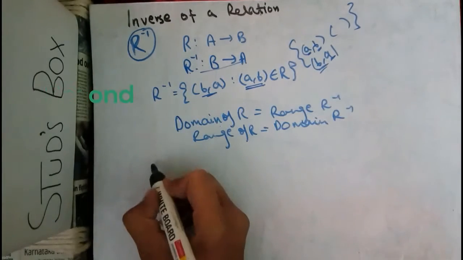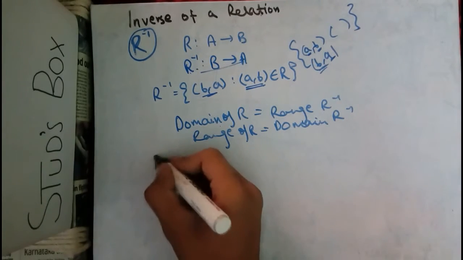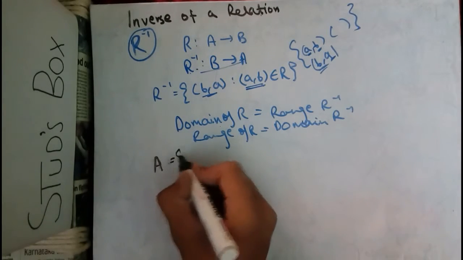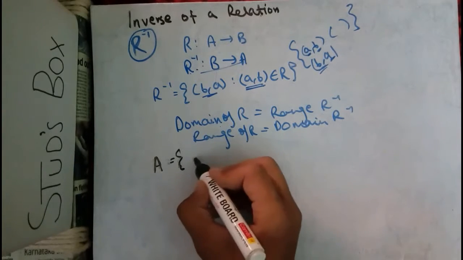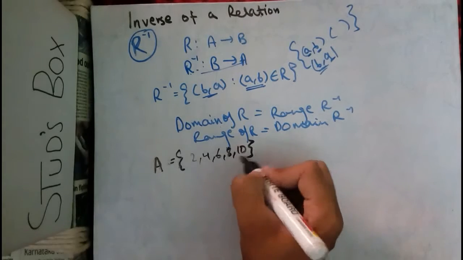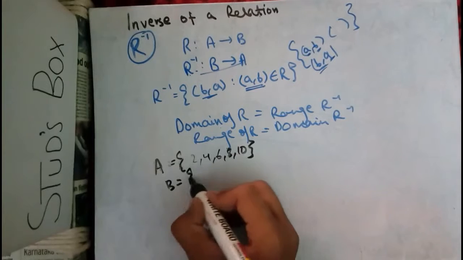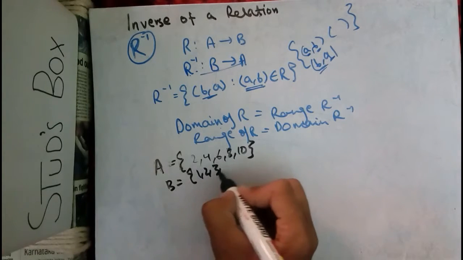Suppose we have a question in which our set A is given as {2, 4, 6, 8, 10} and our set B is given as {1, 2, 3, 4}.